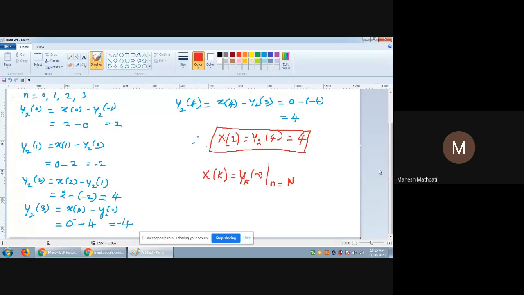And what is the next part? Yk of n minus W_n to the power minus k Yk of n minus 1 is equal to x of n. If you remember these two equations, you can solve the examples related to the Gaussian algorithm.